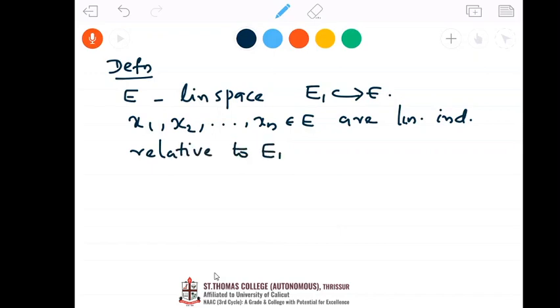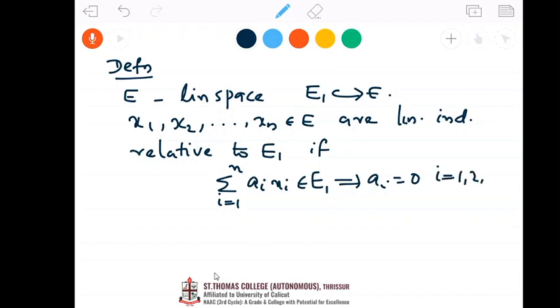We have already defined what linear independence is. Here it is linearly independent relative to E1 if summation i equal to 1 to n ai xi element of E1 implies all the scalars ai are 0.